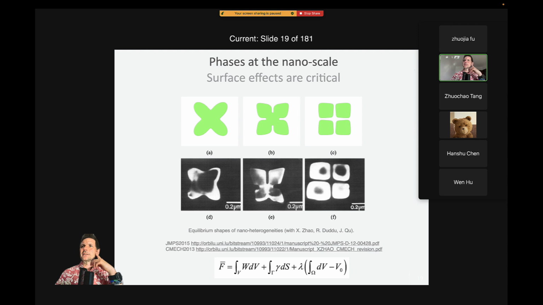Just after my PhD in 2015, I worked with Zhao and Dudu and Q on the problem of nanophase heterogeneities, where the problem was to find the optimal shape for these nano shapes, because they will optimize the energy density inside the domain and outside, as well as the surface energy, because we're talking about a nanomaterial, and the nanomaterial happens to have a very high energy on the surface, which is why you don't get a sphere as an optimal shape, but a shape which will also take into account the length of the interface, not only its surface area.